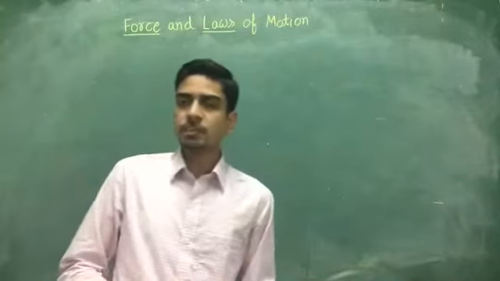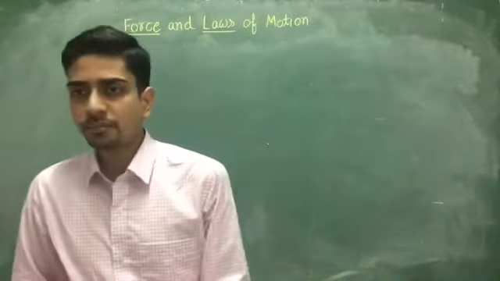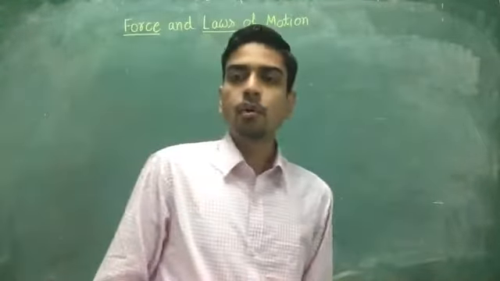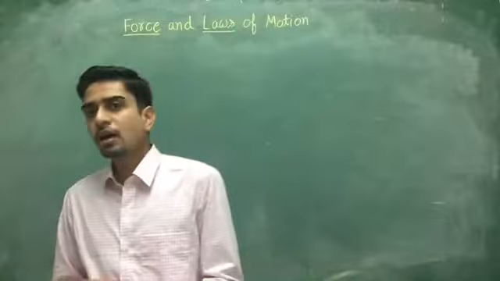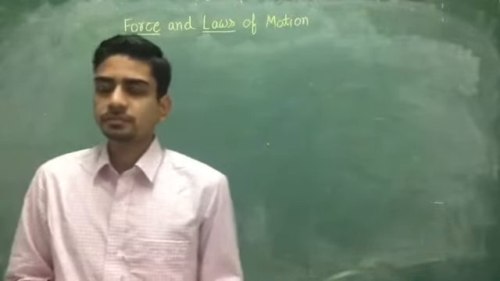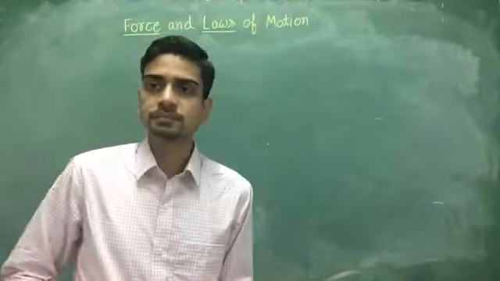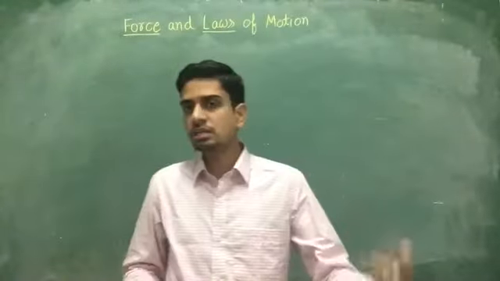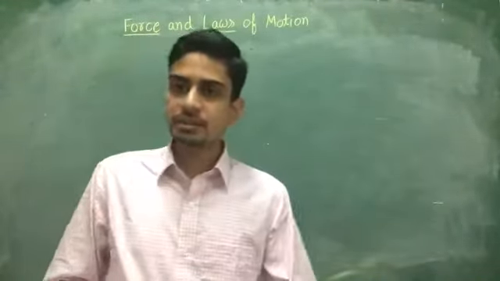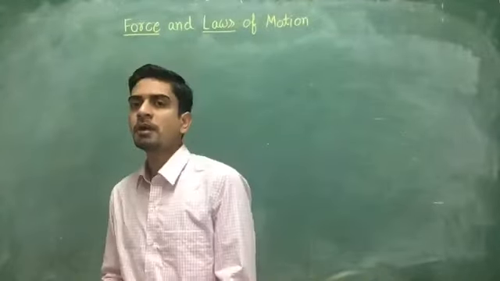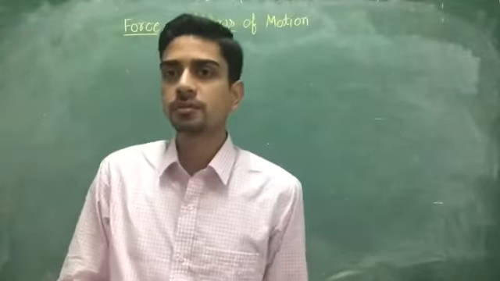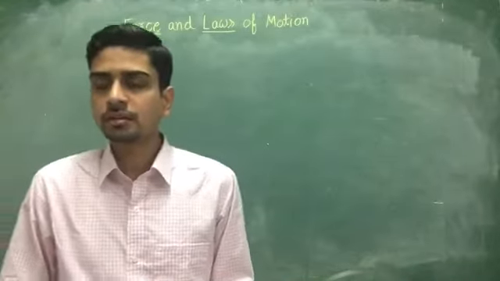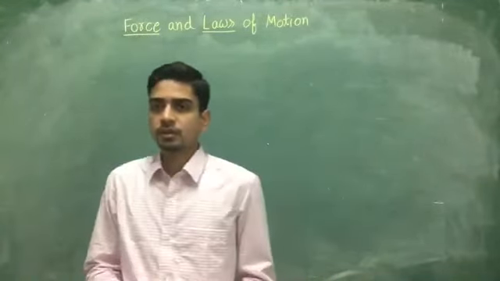Force depends on the rate of change of momentum. The more momentum you require, the higher the rate, the more force you need to apply. You know that momentum is the product of mass and velocity. So if you require more change in velocity in less time, the rate of change of momentum is high, you need to apply more force, and vice versa. Both are interrelated.